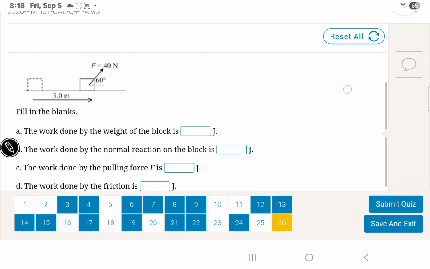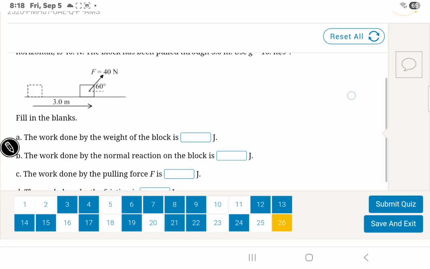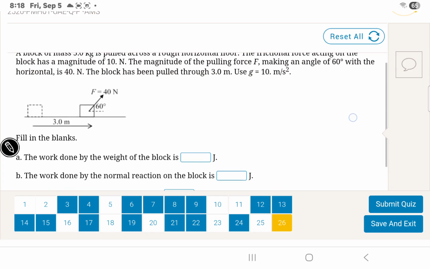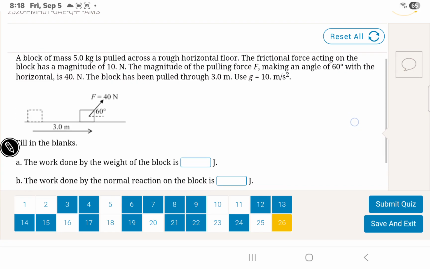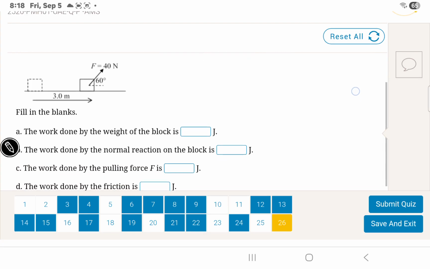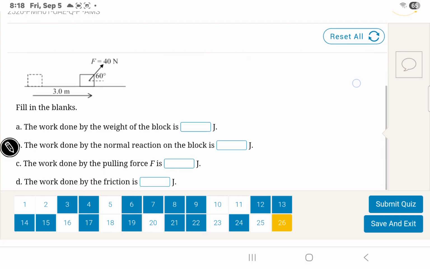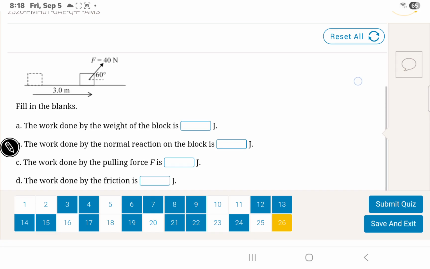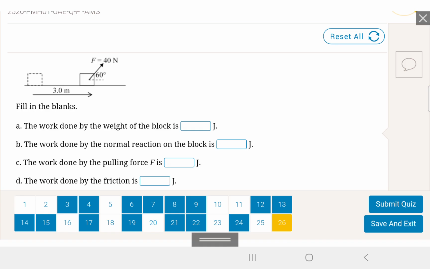The work done by the pulling force F is F d cosine theta, 40 times cosine 60 times 3. The work done by friction is 10 times negative 3. So the work done by weight is 0 because it's perpendicular to the motion, and the normal reaction is also 0.